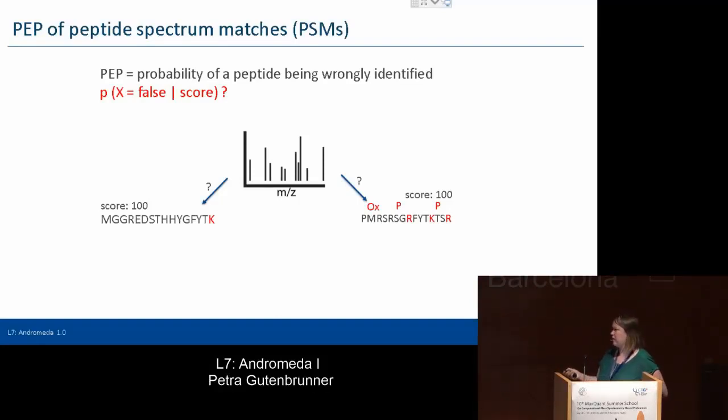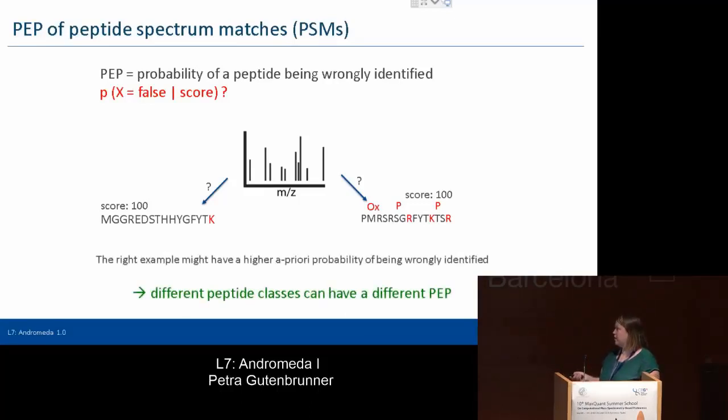On the right side, we see a peptide identification which has oxidation, 2 times phosphorylation, and 2 miscleavages. And so you would assume that the simpler identification or peptide is more likely to be the correct one. To calculate this probability, which one is more likely the correct or wrong one, we calculate the posterior error probability.